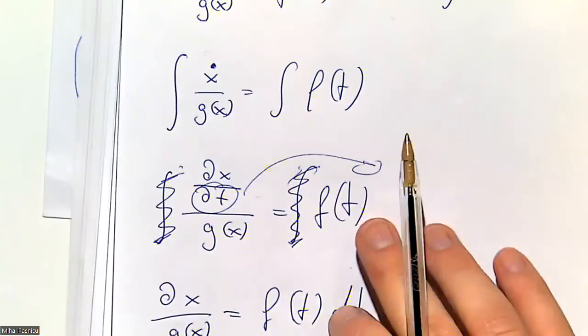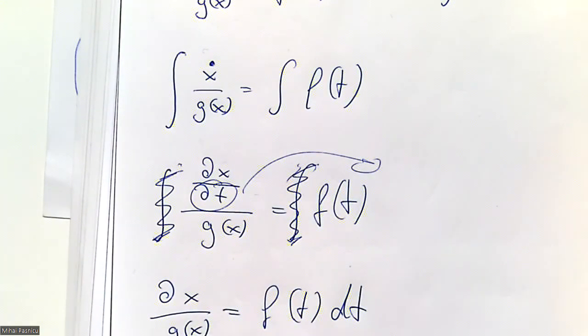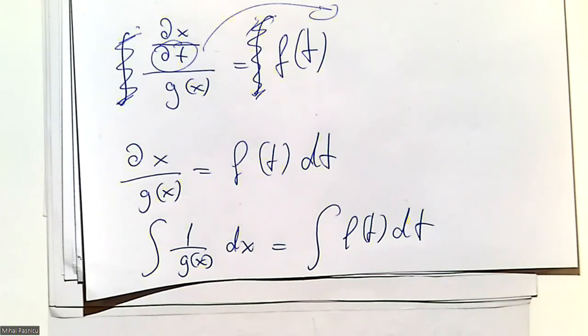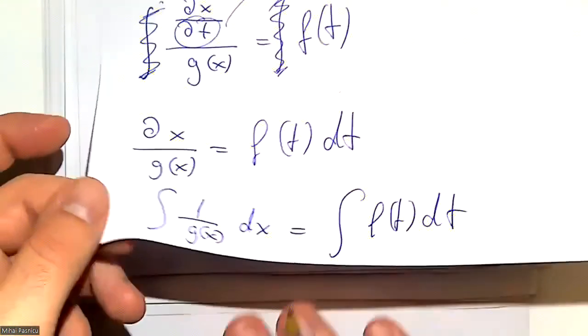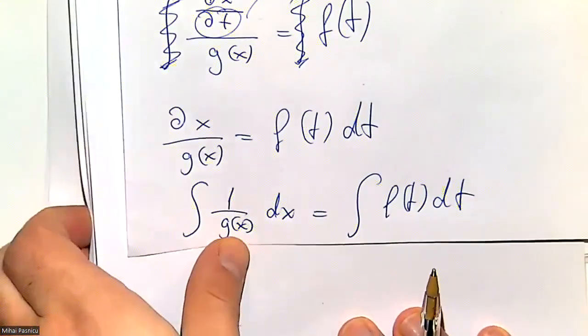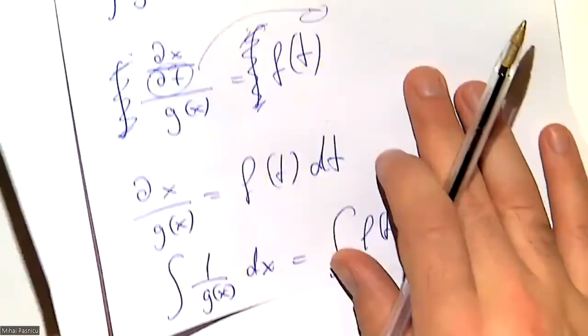But basically, you don't need to worry about this fraction that I wrote or how to obtain this or moving it. You just need to know that once you have identified g of x and f of t, you need to compute these two integrals. And the idea is that once you're done with this, the problem is done, because from here you get a solution for x.